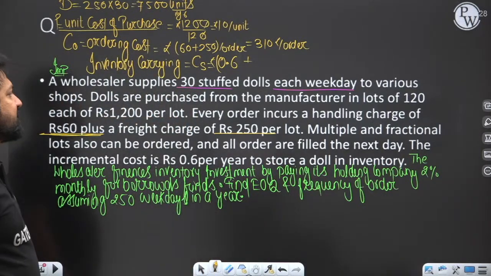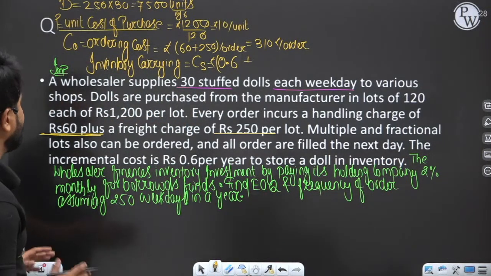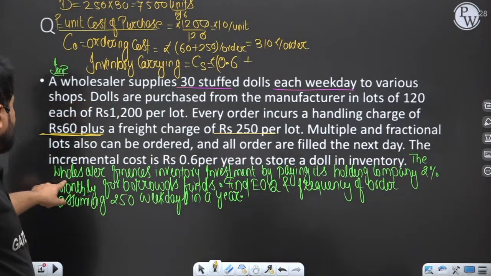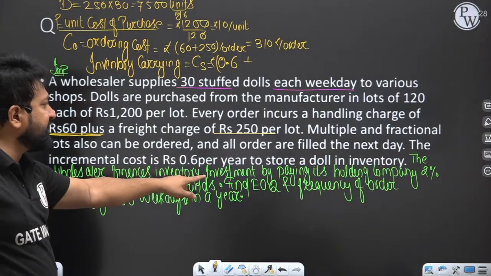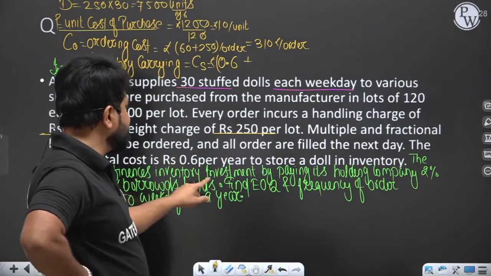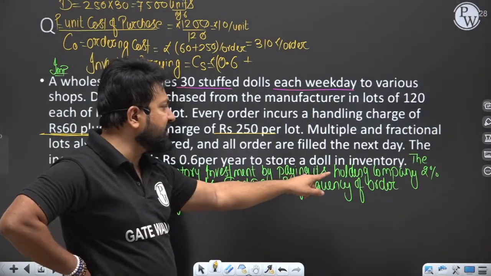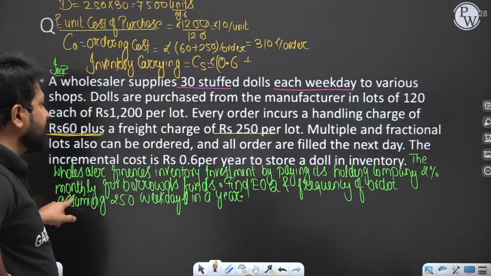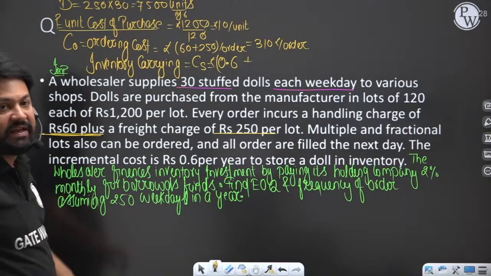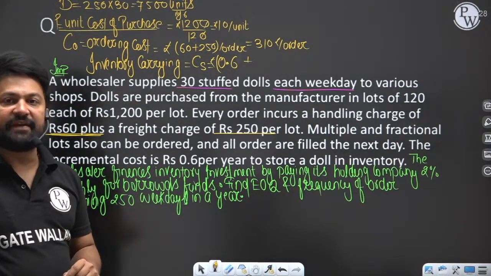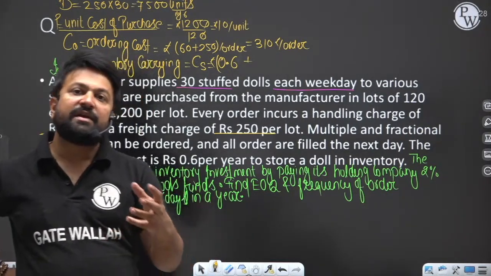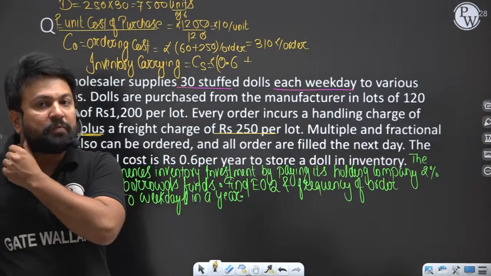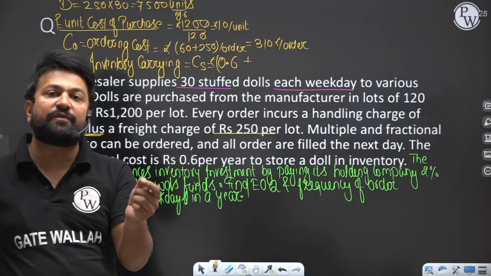Let me read out fully. Now the wholesaler finances inventory investment by paying its holding company 2% monthly for the carrying cost. 2% of what?